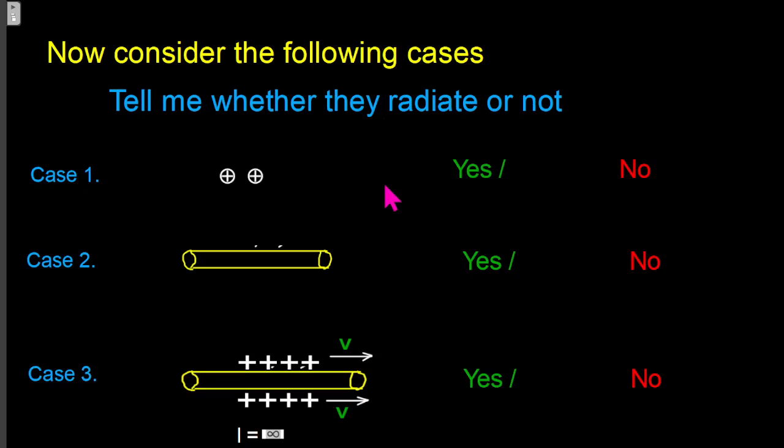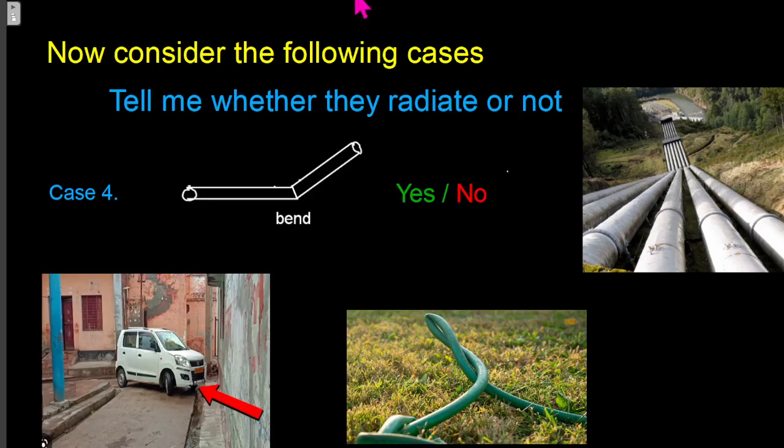Then the fourth case, here you have the bend. On the bend, definitely you have radiation. When we see this automobile, here you have the 90-degree turn, right? At that time, definitely the driver has to apply the brakes, and there is loss of energy, loss of petrol. Loss in that sense can be equated to radiation.